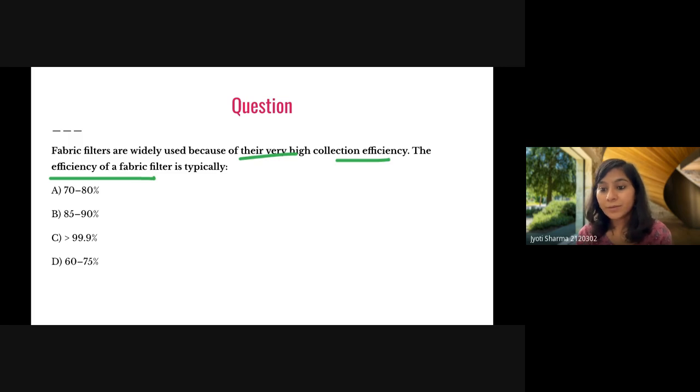What do you think? What is the efficiency? Priscilla gave me answer C. Then yes, because we talked about very high collection efficiency. So very high means the efficiency of fabric filter is more than 99.9%. So yes, C is the right answer.